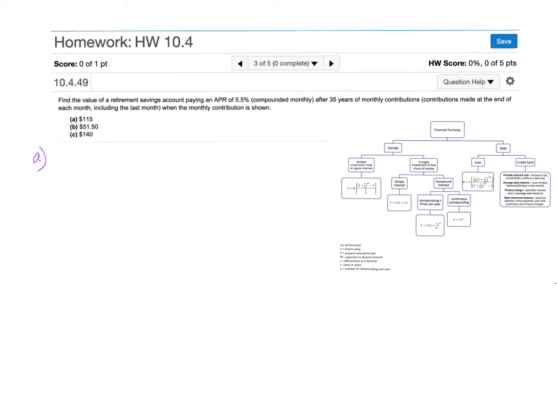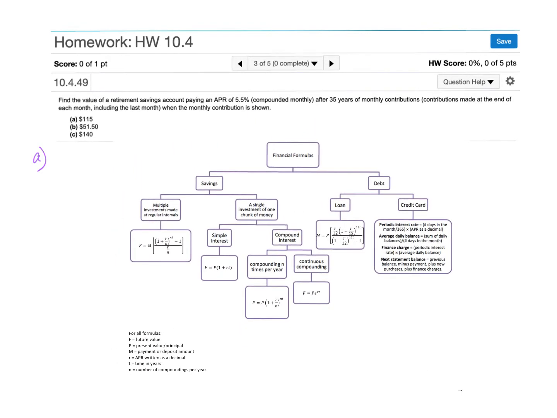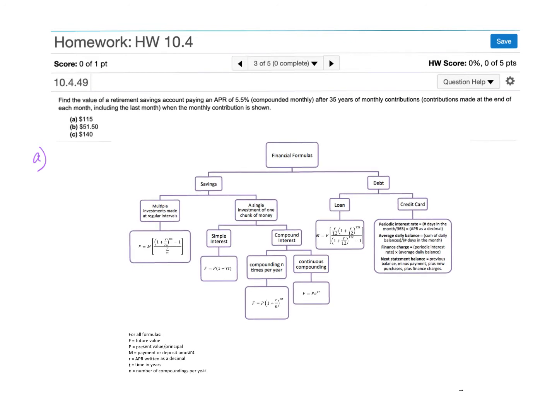Before I can do anything, I have to figure out which formula to use. I have copied in the financial formulas flowchart from your packet. It's really tiny, so I'll make it bigger for a few minutes while we talk about it. We are saving, right?